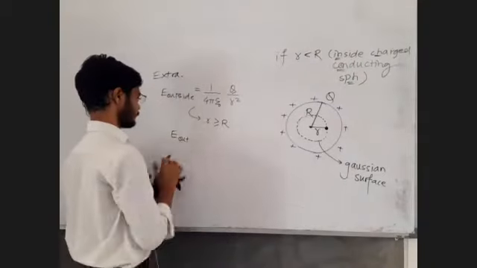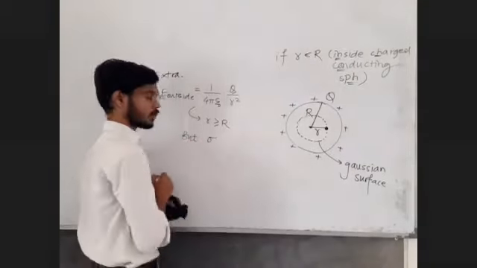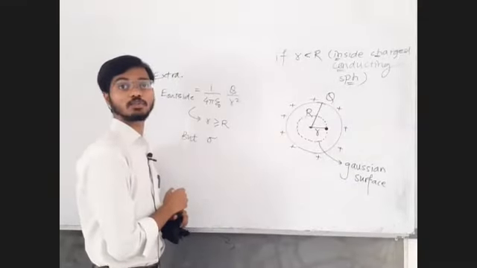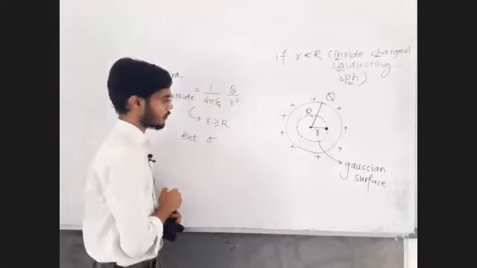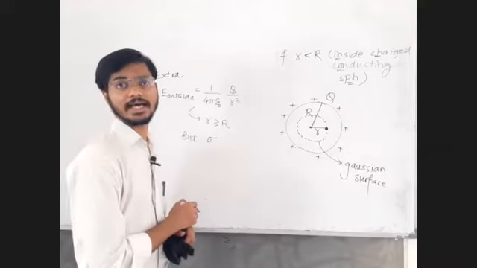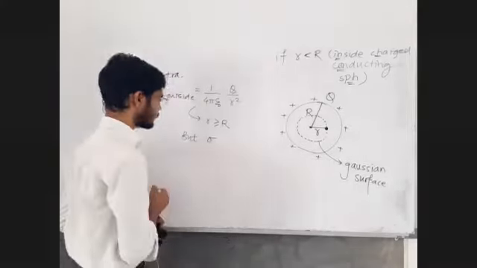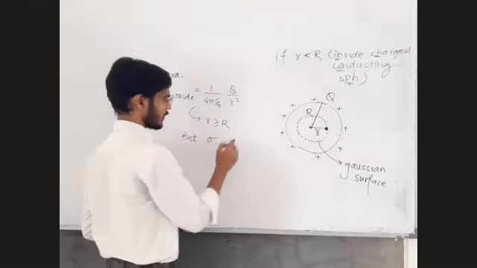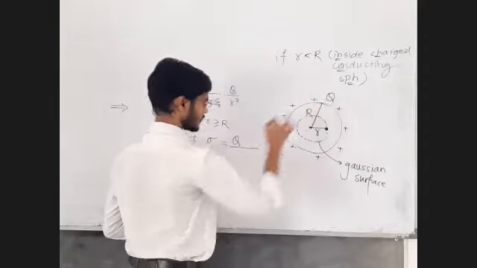Charge per unit area sigma, charge per unit length lambda, charge per unit volume rho. Charge per unit area is the charge on my system divided by the surface area of my system.